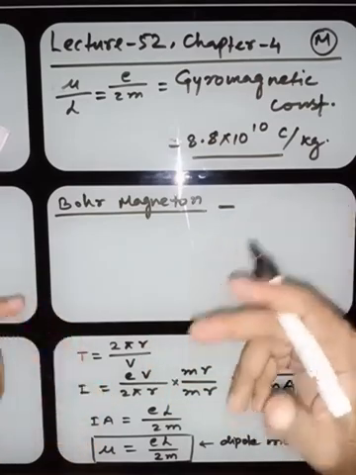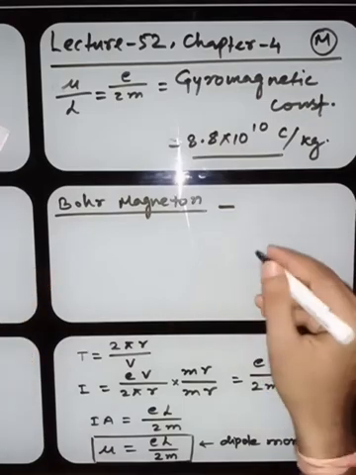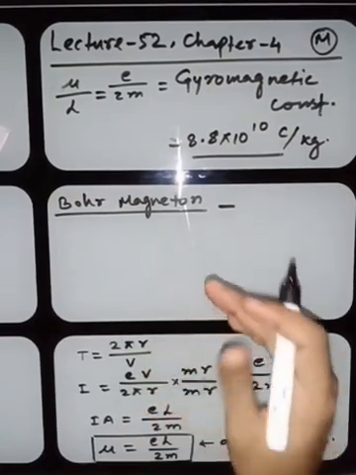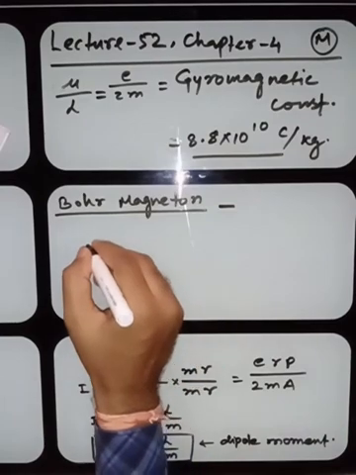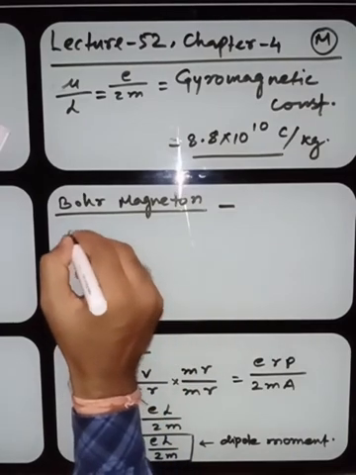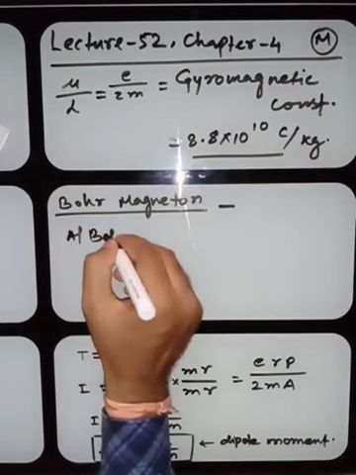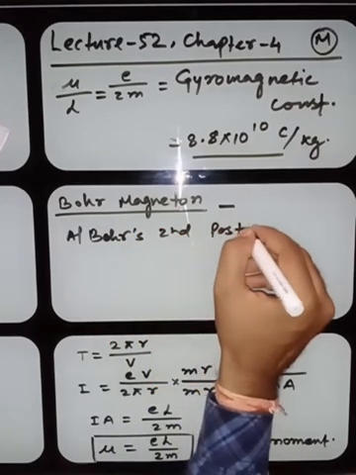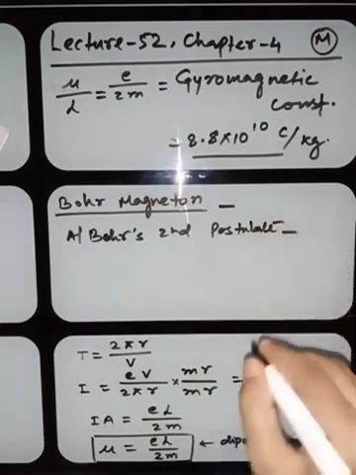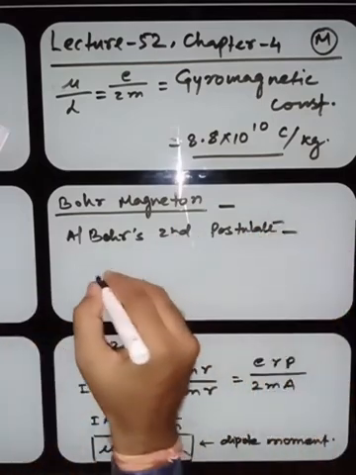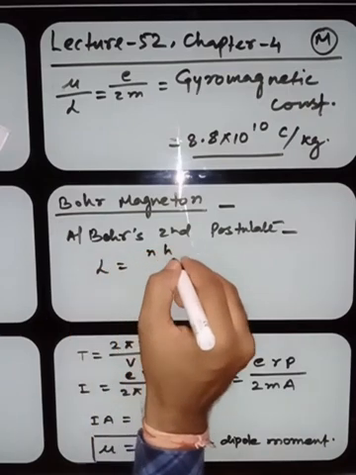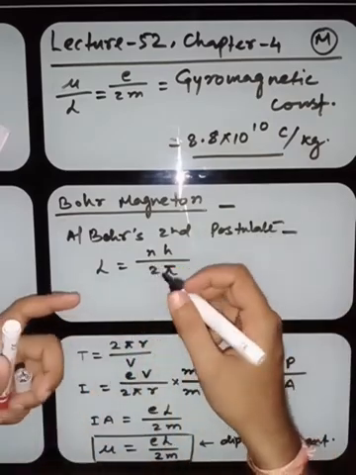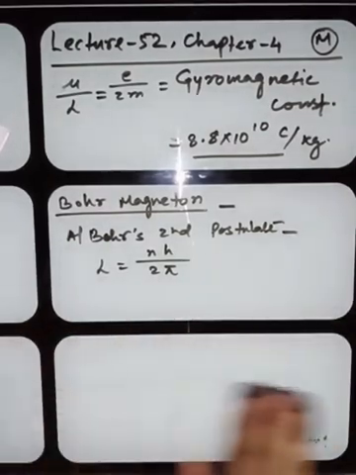According to Bohr's second postulate, which was used by Bohr to explain his atomic model, angular momentum is nh over 2 pi, where n is the principal quantum number, which gives the idea of the different shells.